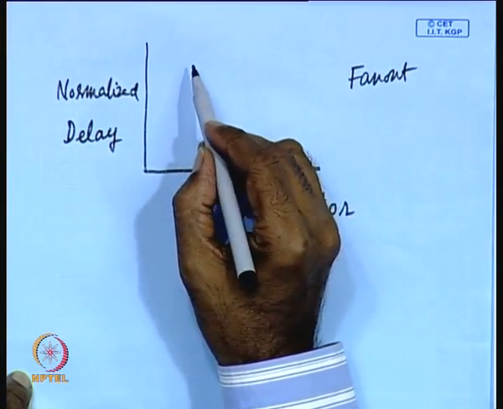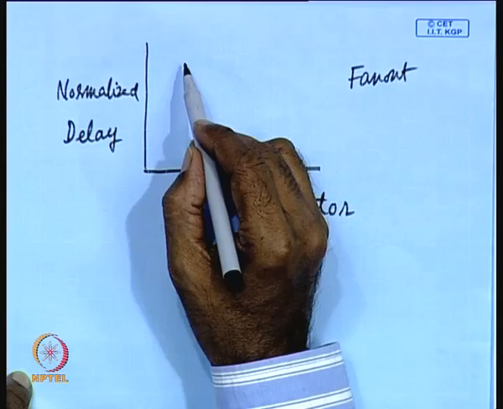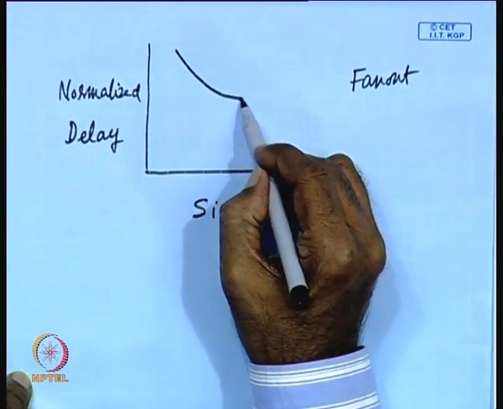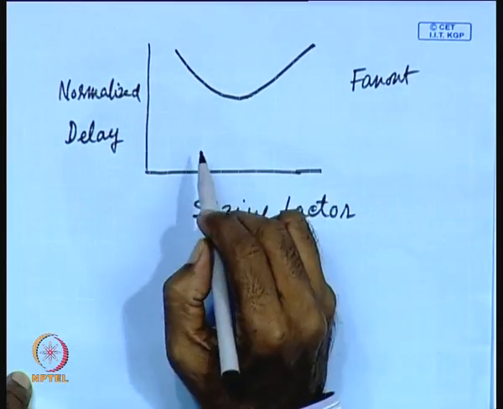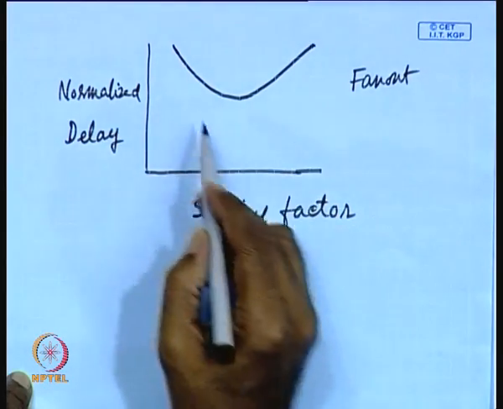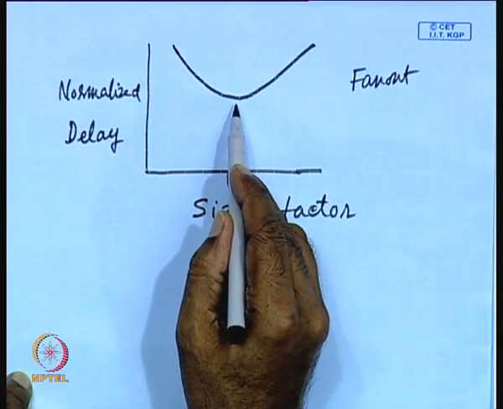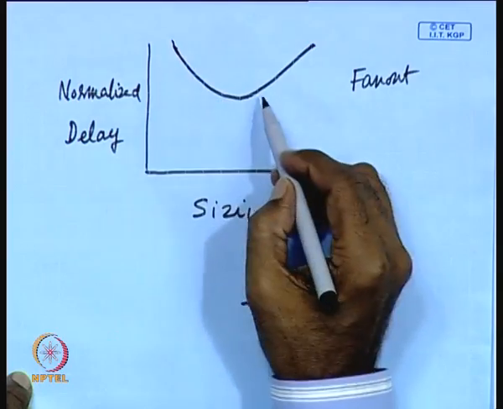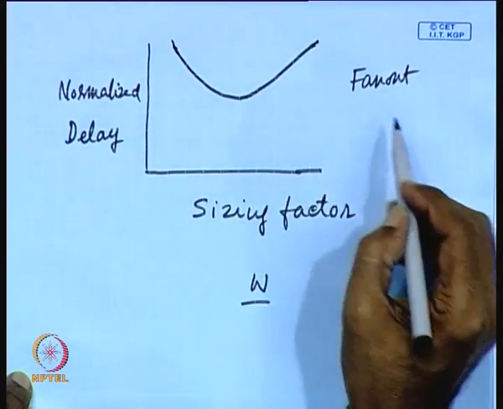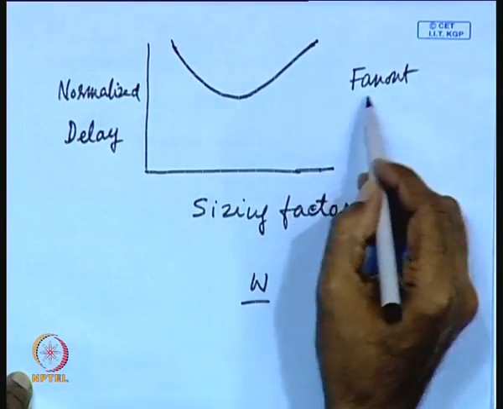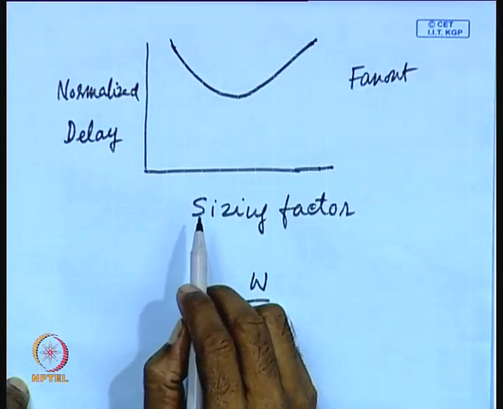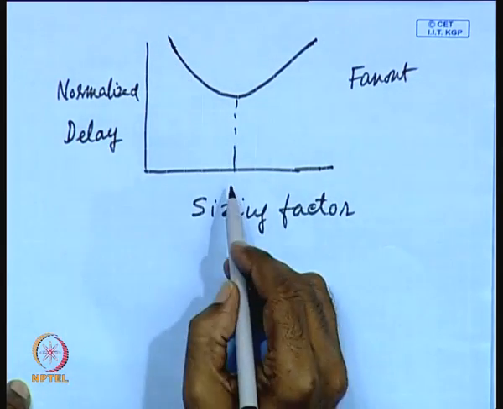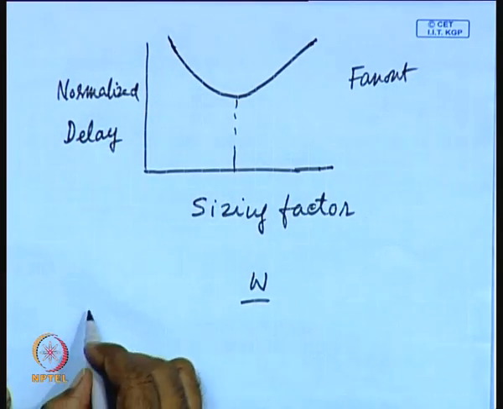So, when the fan out is small, the delay changes with sizing factor this way. Initially as you increase the size, the delay reduces, but after some time delay increases. The reason for that is, as you increase the size, there are two things.